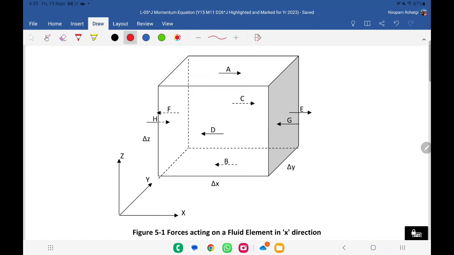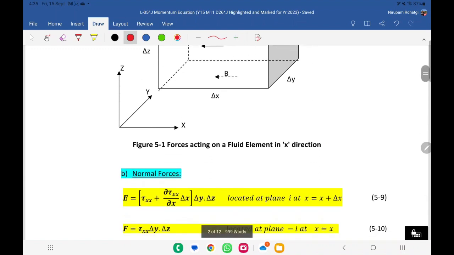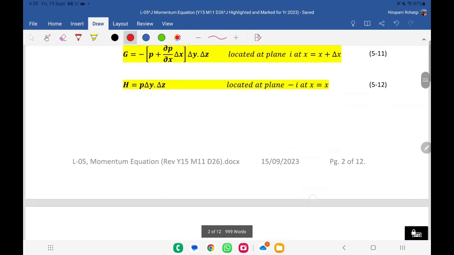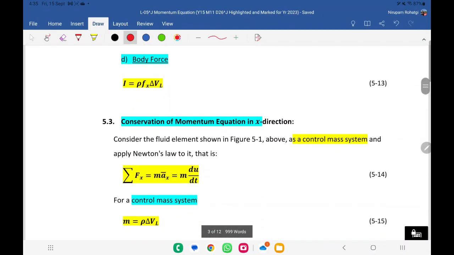Now what we are doing here in this case is going for control mass system. Earlier we were using control volume system. Now we are shifting to control mass system, and it does not make a difference. It is how we are looking at the fluid. Okay.